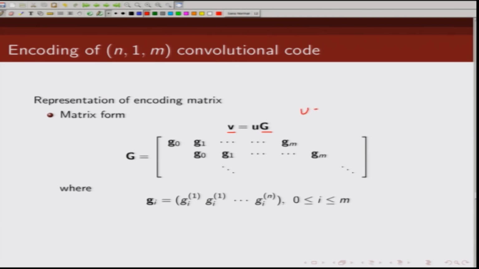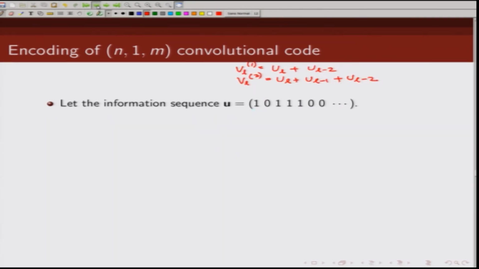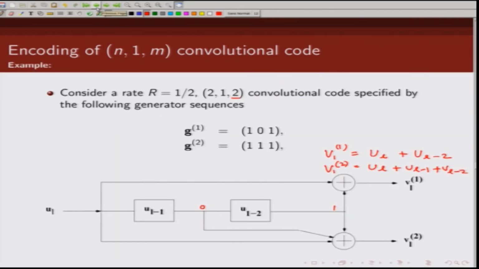So, let us say U is U0, U1, U2, a continuing sequence like this. Now, what is your output sequence? Initially, if you go back to this diagram, you are assuming that the encoder is in the all 0 state, correct.